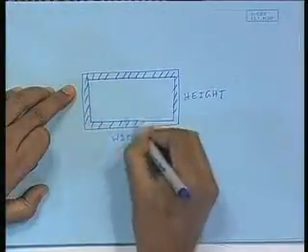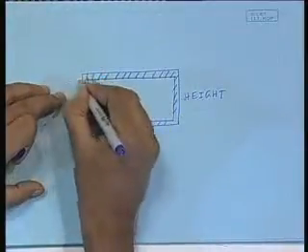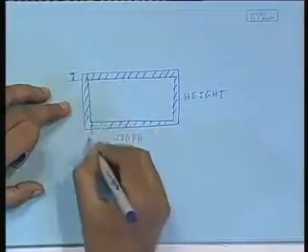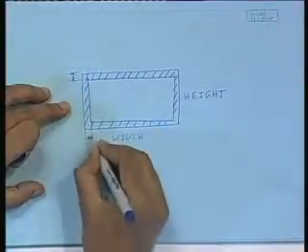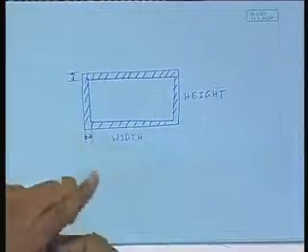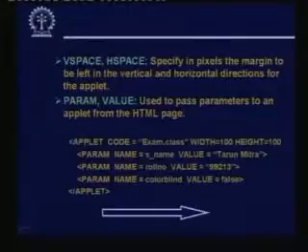So, this margin you can specify, margin in the horizontal direction, how much margin you will keep. Similarly, in the vertical direction, both you can specify. These can be specified by using these VSPACE and HSPACE attributes.